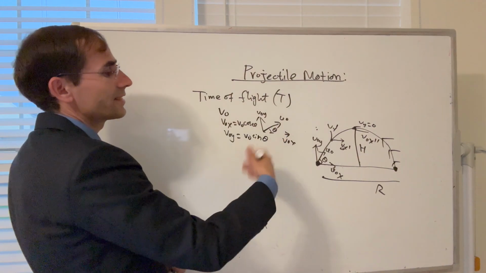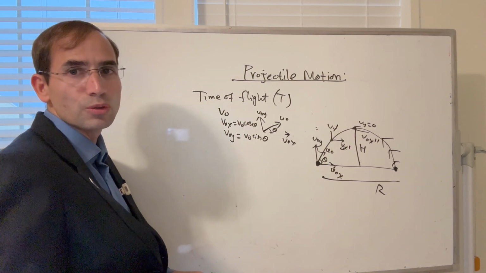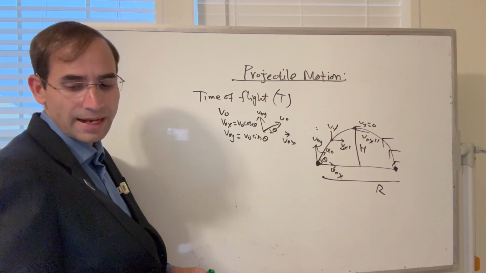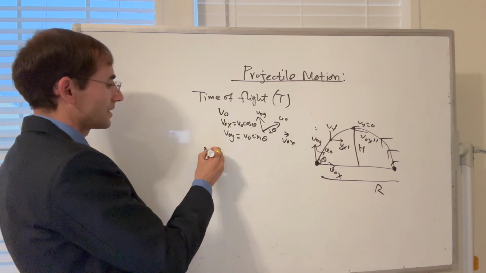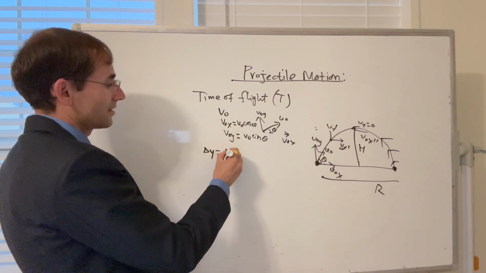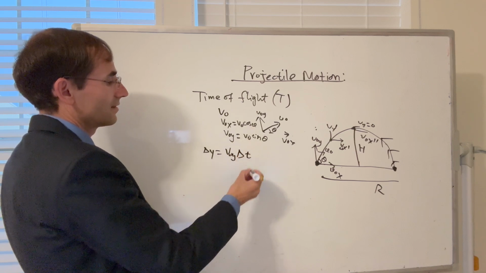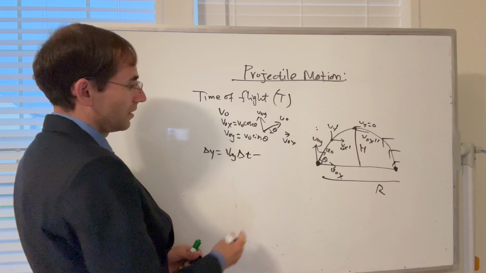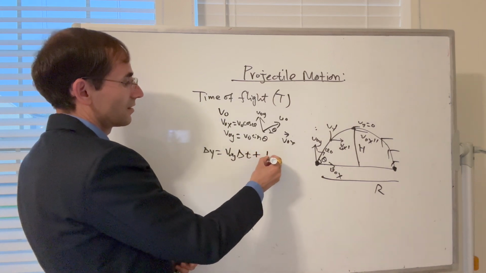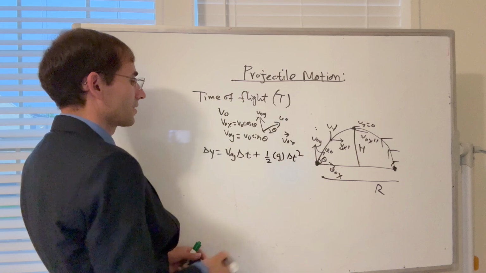Let's look at the vertical motion. How can you find the vertical displacement? Let's say the vertical displacement is delta y equals voy times delta t, plus half a delta t squared.